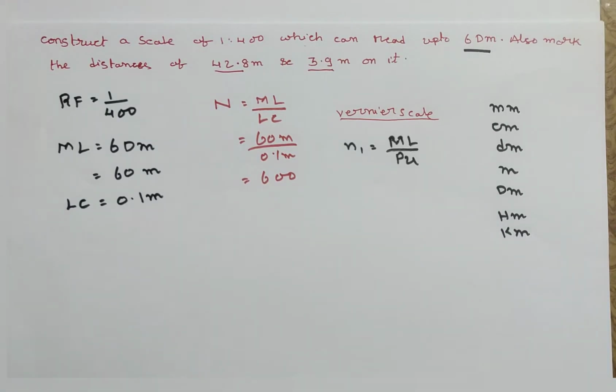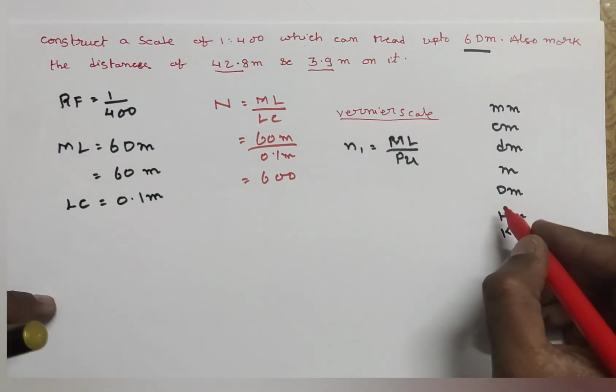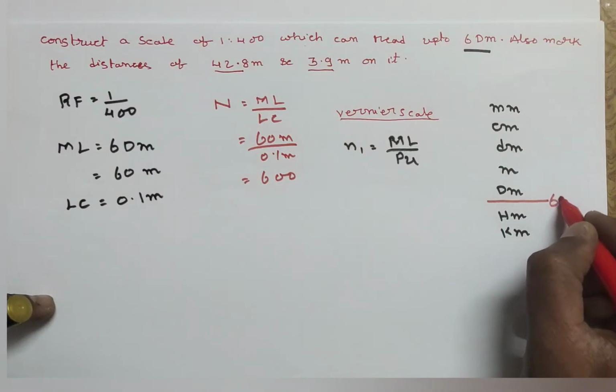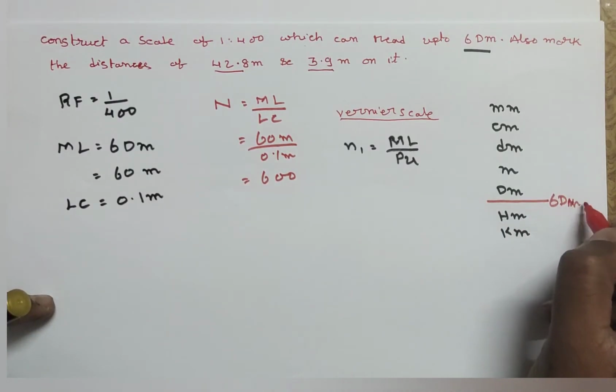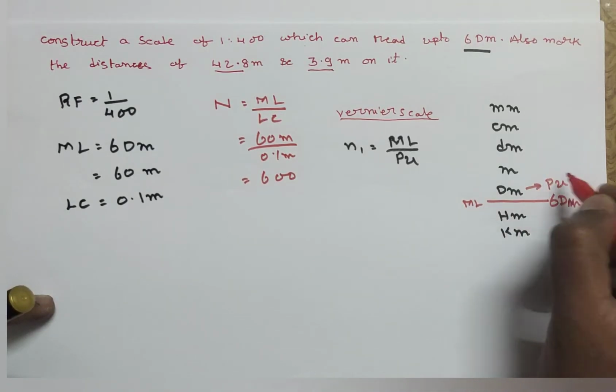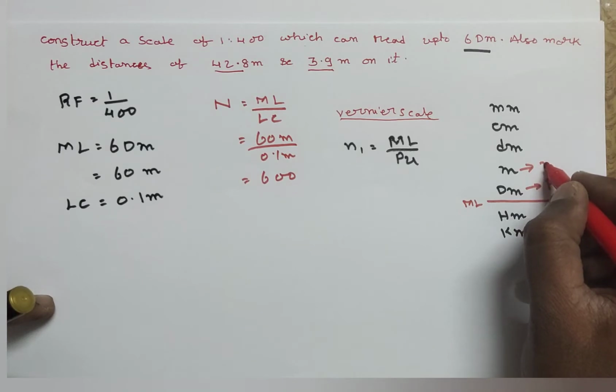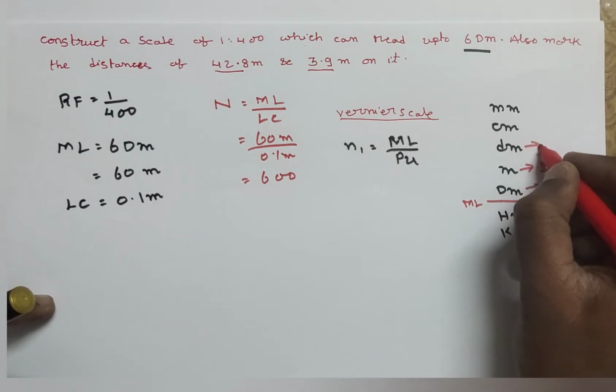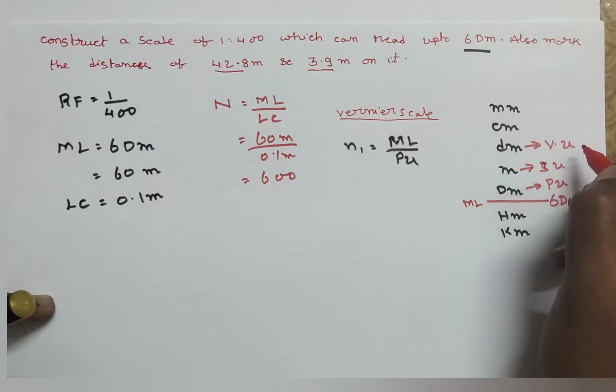Among these, 6 decameter is the maximum, so 6 decameter will come here. This is the maximum length. Therefore decameter will become the primary unit, meter will become the secondary unit, and decimeter will become the Vernier unit.